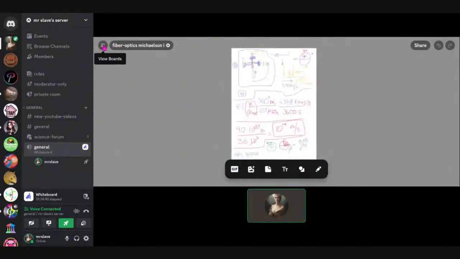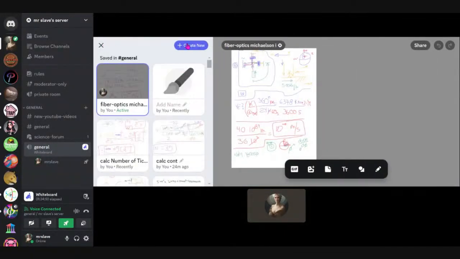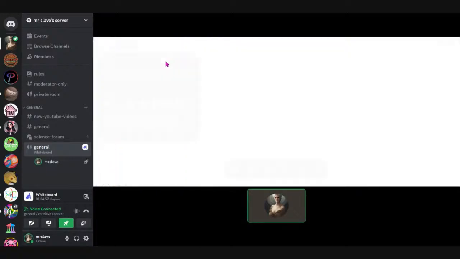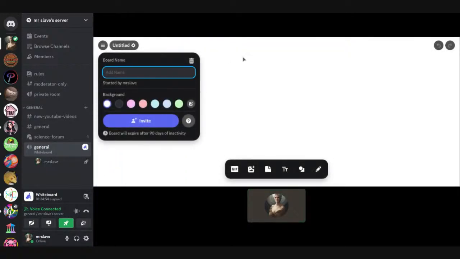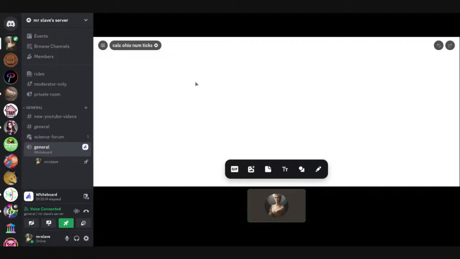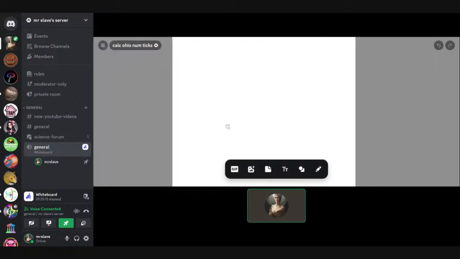No. What's the name of this one? This is calculate Ohio and number of ticks of horizontal. This is horizontal ticks.